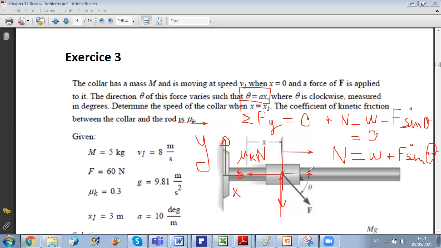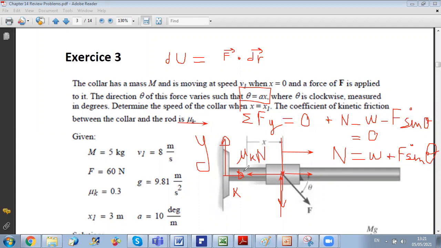Because if you remember, when we defined the work of a force, we said that dU is F dot dr, where dr represents the displacement. Here, the forces doing work are only F and the friction, because the weight and normal are perpendicular to motion. So you just have the work of F and the work of friction.